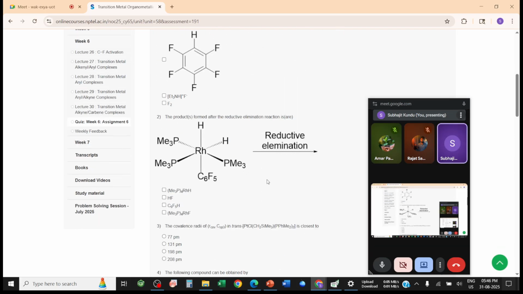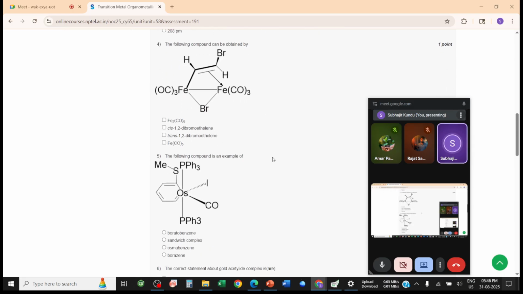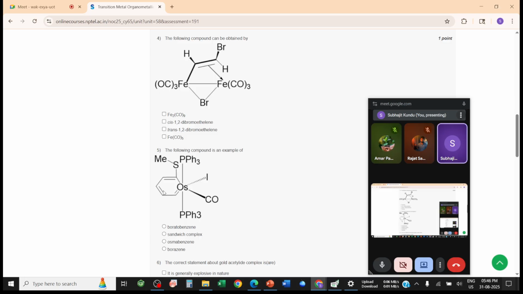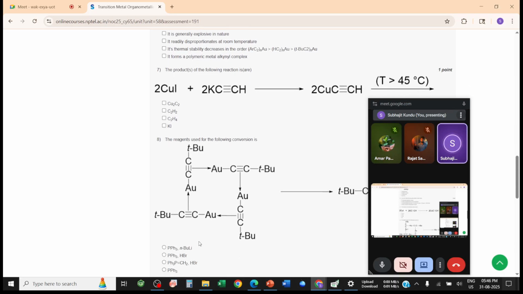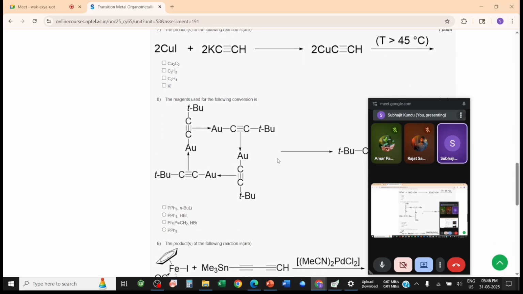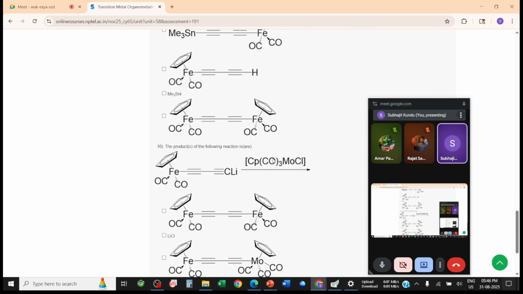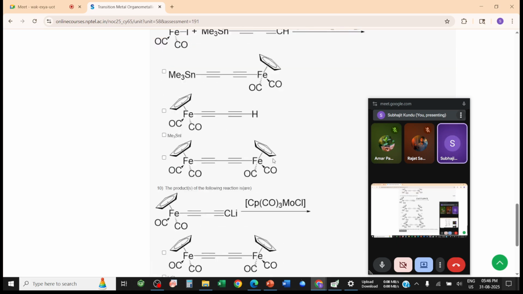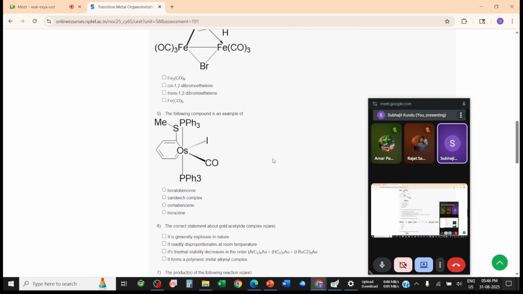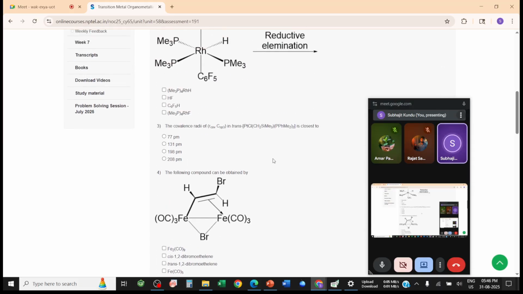Yes, we are talking about week 6. This is also an example of osmobenzene. Most of the questions we have discussed and you should be able to answer this question, and these questions are all related to this.